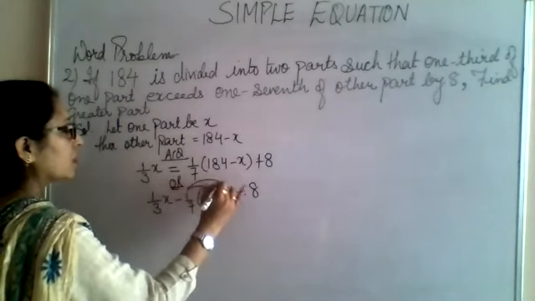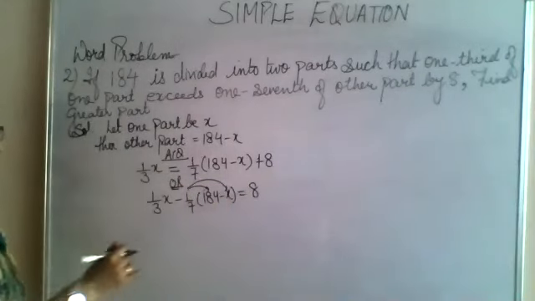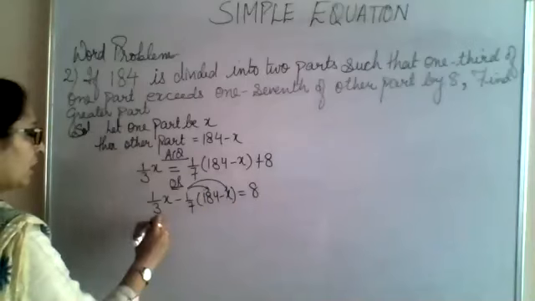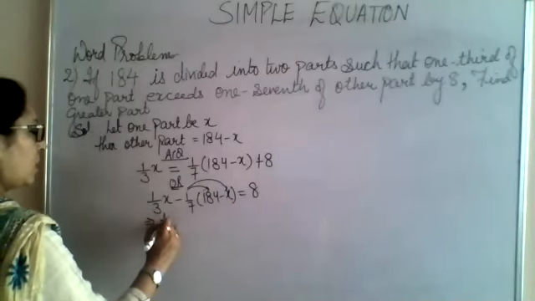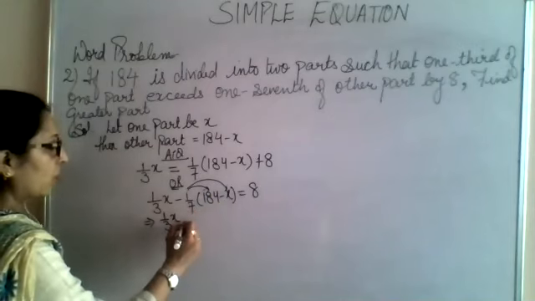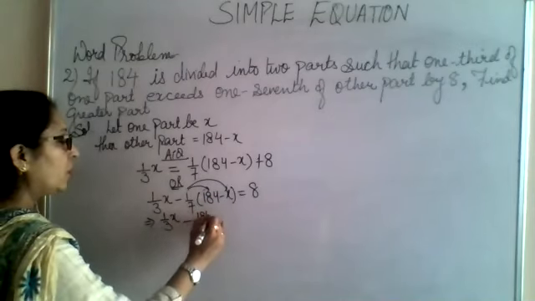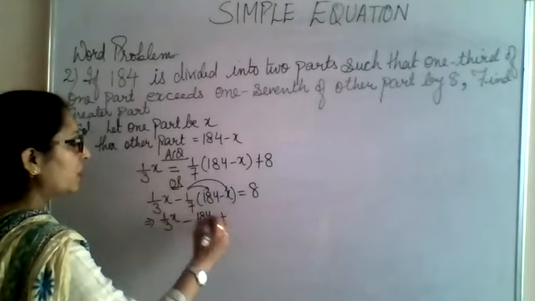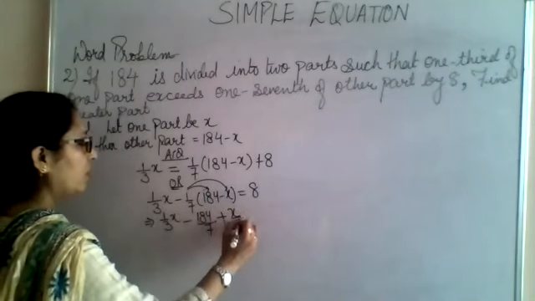Multiply by this. I have put arrow because I've seen many students sometimes forget to multiply by second term. So I have put arrow, otherwise this is your wish. If you will multiply, it will come 184 upon 7. Minus and minus become plus. So x upon 7.